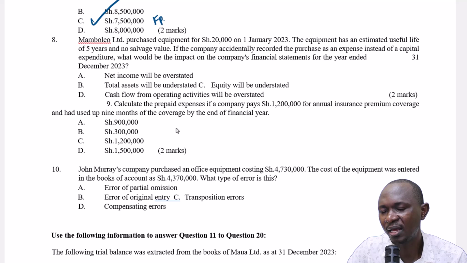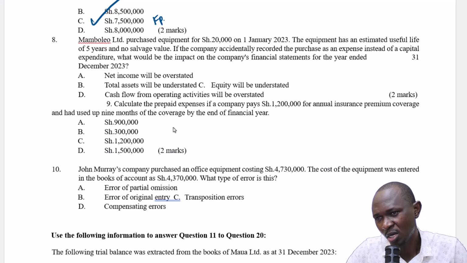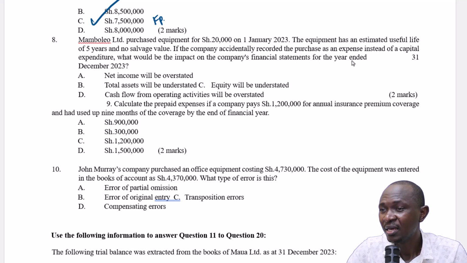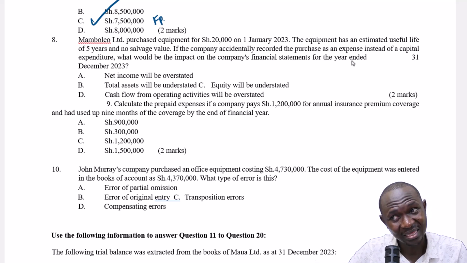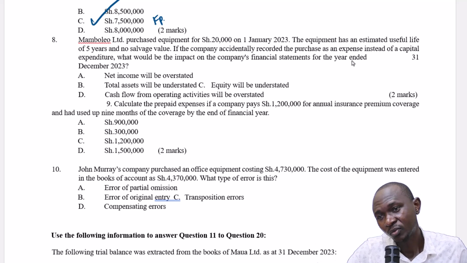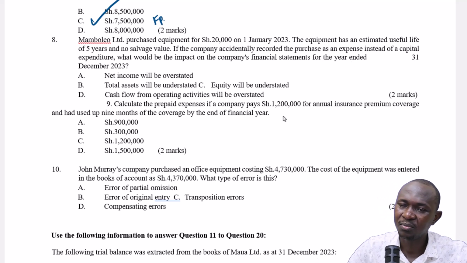Sorry, an error of principle. This is an asset. Instead of recording it as an asset, because this equipment is supposed to be recorded as an asset, the company accountant accidentally recorded it as an expense. What will be the impact on the company's financial statements?